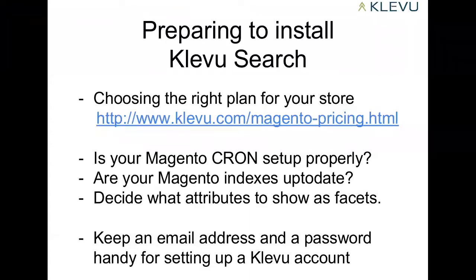The second thing is there are certain prerequisites of our plugin. Our plugin, the Klevu search plugin, it relies on Magento cron. We index all your data in our cloud setup in Klevu Search Cloud.